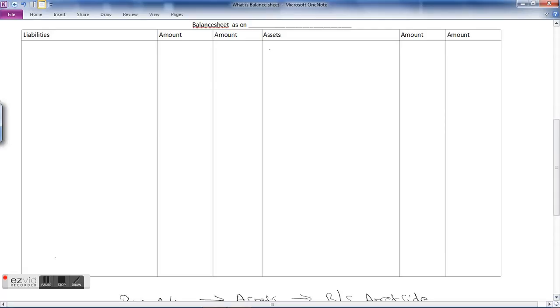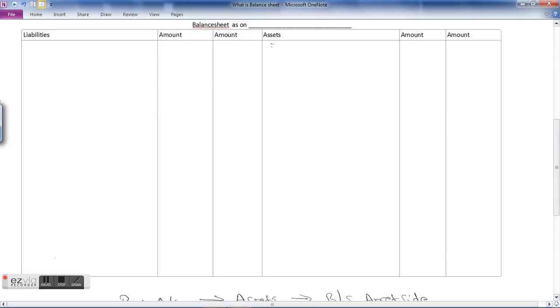usually all the debit transaction or the debit balances or debit side of the ledger account is on the left hand side. Now here assets will have a debit balance, but they are on the right side of the balance sheet. So this is a format of balance sheet. Now what will be the assets which are included in your balance sheet?